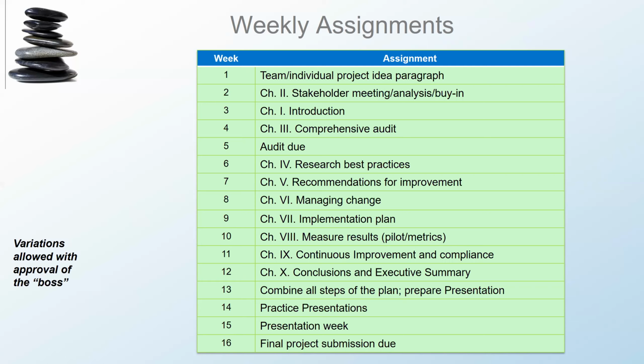Now you will notice that you don't start with chapter 1. You're going to start with chapter 2. That's because you really have to have your stakeholder meeting first off, so that you can get their buy-in, so that they know what you're doing. So we do chapter 2 first, and have ever since the beginning of the program. Then the next week, we're going to do chapter 1.